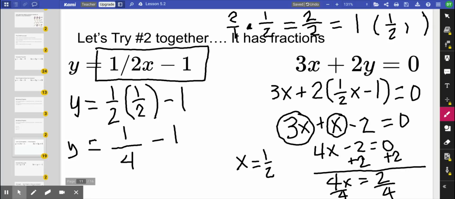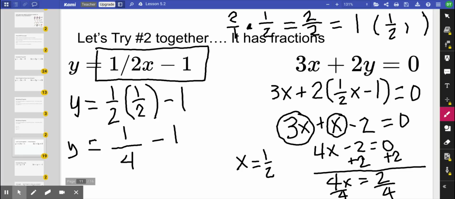So we can't subtract a fraction from a whole number very easily. We have to turn that whole number into fourths, so it makes it easy to figure out how many fourths we have left over when we take one whole away from 1/4.